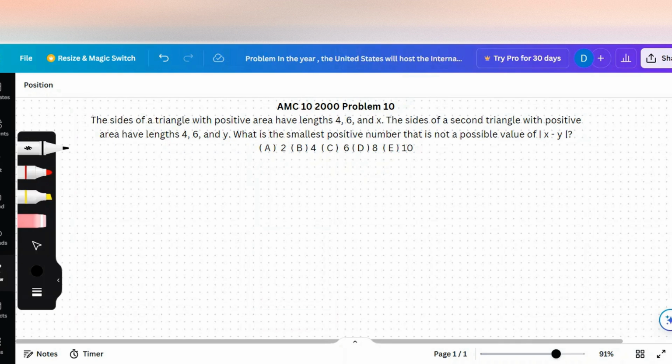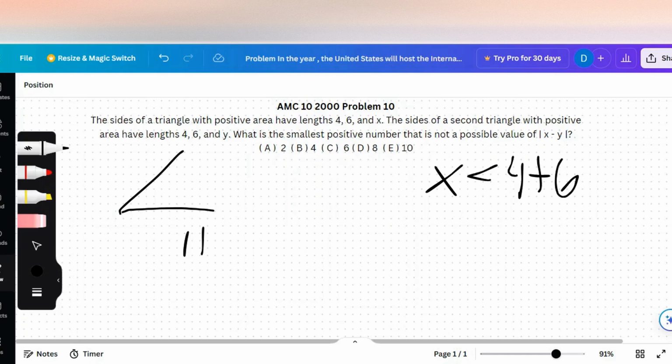So when you think of this problem, first we have to think about the restrictions of x and y. So x can't be larger than the sum of the other two sides. That's a rule of a triangle, because if you think about it, if x is 11, even if it's like this, it can't stretch out because the farthest point it has is 10, and it won't be a triangle.